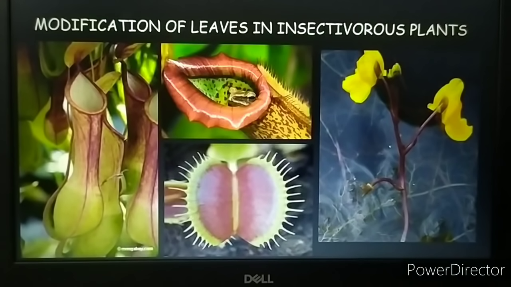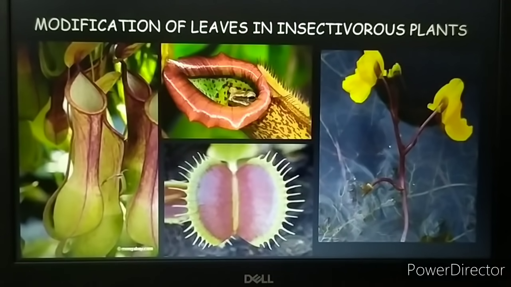Now before moving further, let me ask you a question. What are insectivorous plants? These are the plants which feed themselves on insects. That is, they can eat insects, right? Now the question arises, why do these plants eat insects?